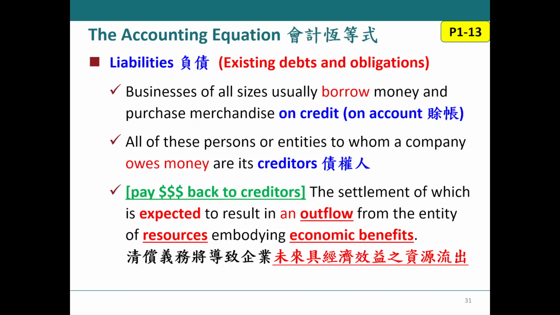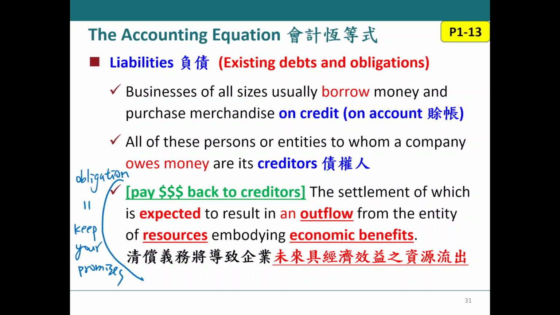So in the future, you have the obligation, 责任义务. What's your obligation? 责任义务 means keep your promise. Your promise is what? Pay the money back in the future. When you keep the promise and pay the money back in the future, that will make your cash decrease, right? Did you find out? That will make your cash decrease, which means your economic benefit outflows.